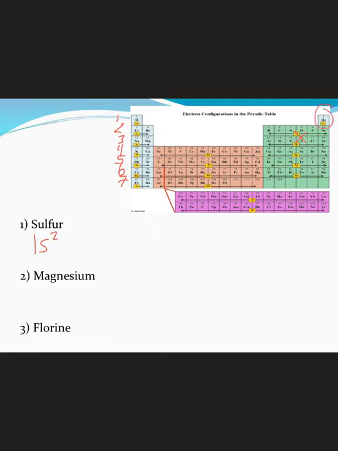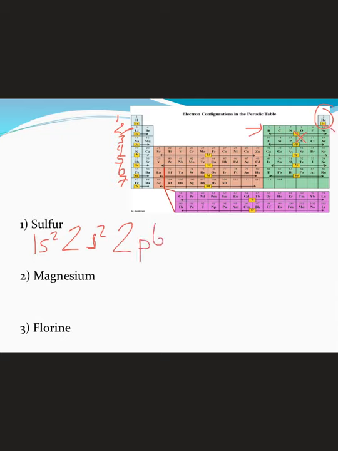And then we move back to the beginning of the second energy level, and we go to beryllium, which is 2s2. And then we are moving on over to the p orbital, staying in the second energy level, 2p6.